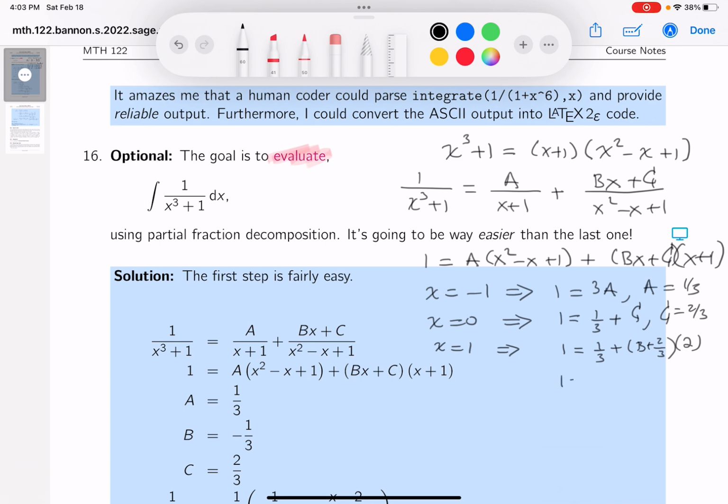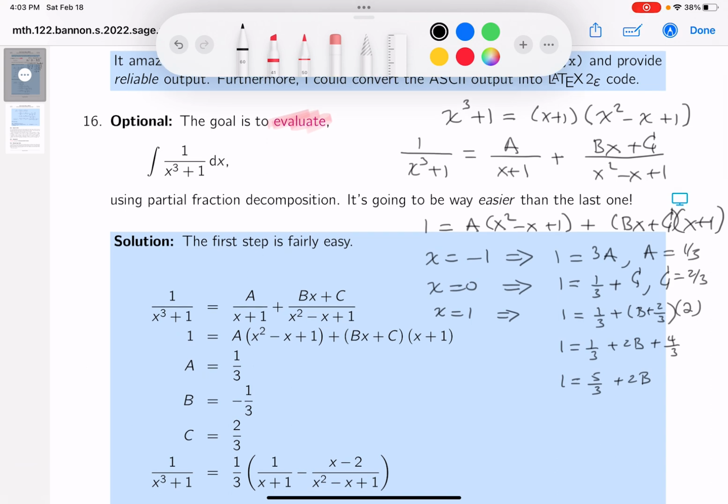This is 1/3 plus 2b plus 4/3. Well, we get 1 equals 4/3 and 1/3 is 5/3, plus 2b. I'm going to subtract 5/3 from both sides. That's minus 2/3 equals 2b. And b is minus 1/3.